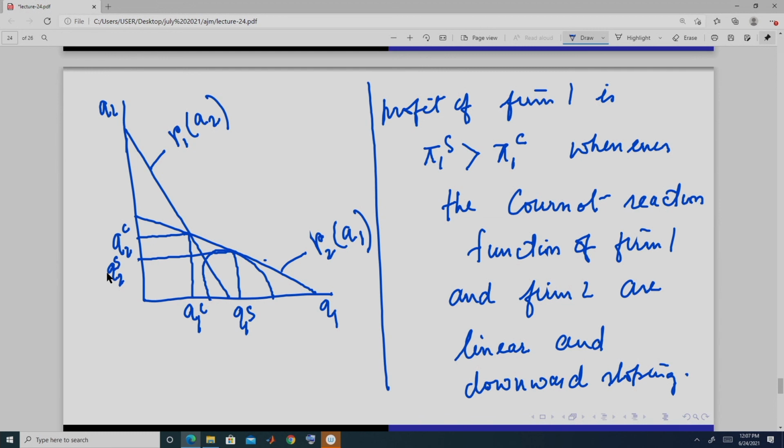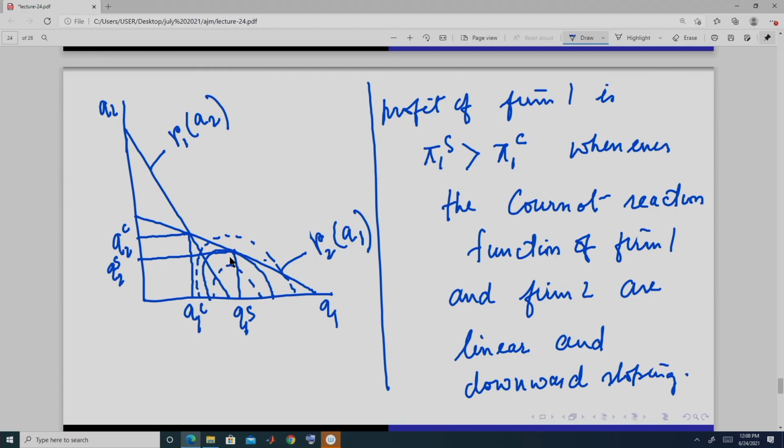Because in the Stackelberg computation, firm 1 takes the reaction function of firm 2 as given. So, given this reaction function, firm 1 chooses that Q1 which maximizes its profit. These are the isoprofit curves of firm 1.